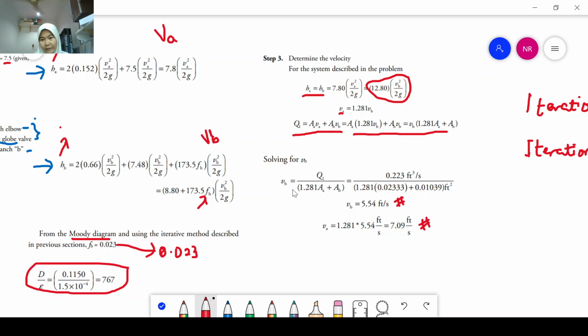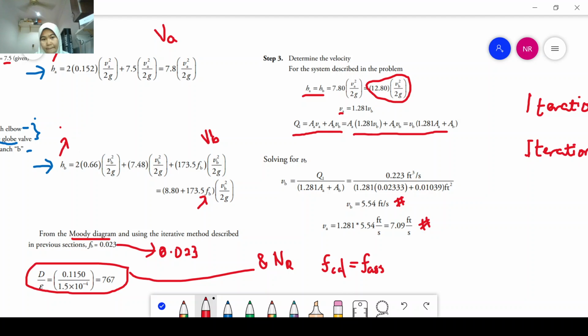So with this V value, you use the Moody diagram and calculate the Reynolds number, and together with the relative roughness and Reynolds number, you can check whether your F calculated from this part is equal to your F assumed.